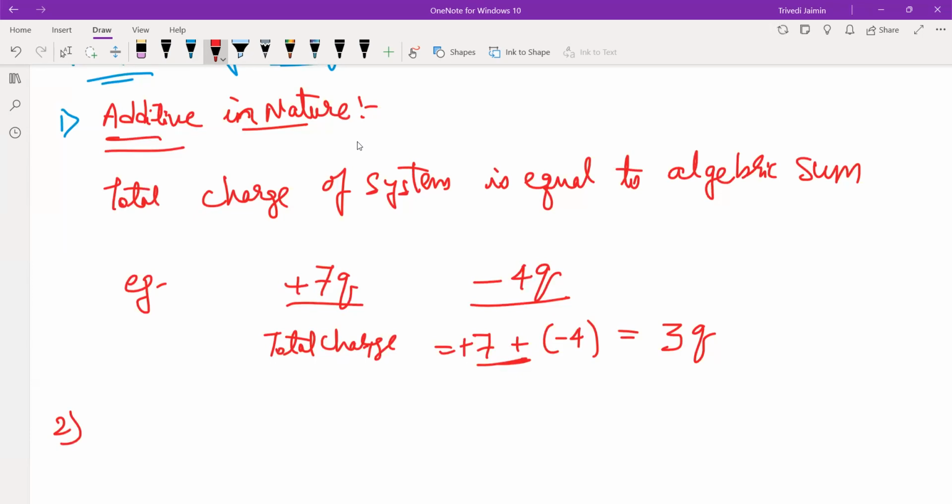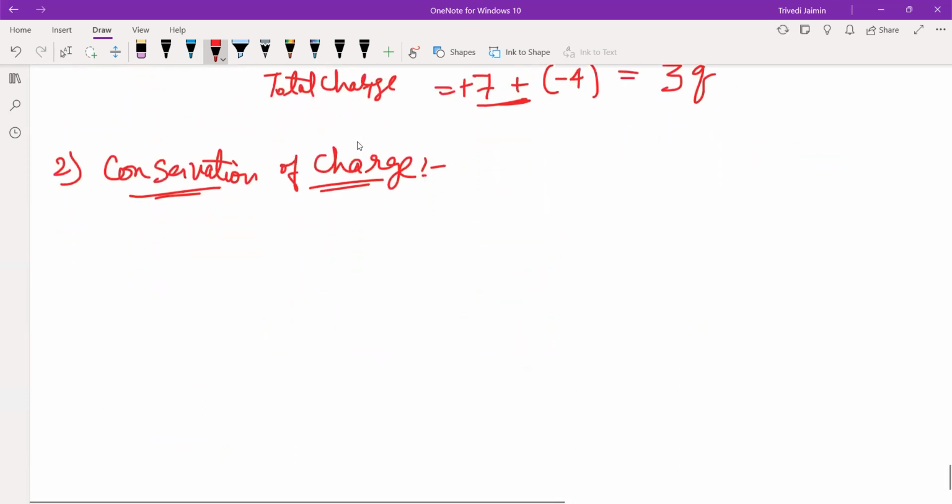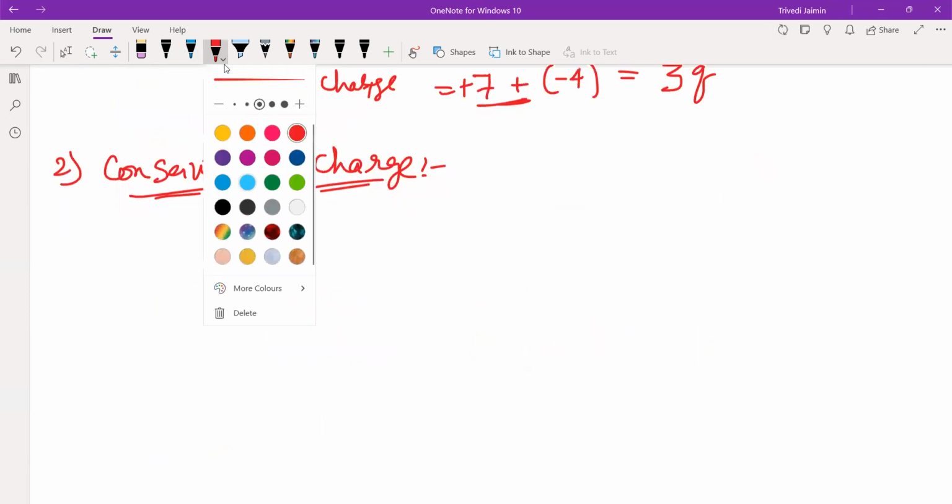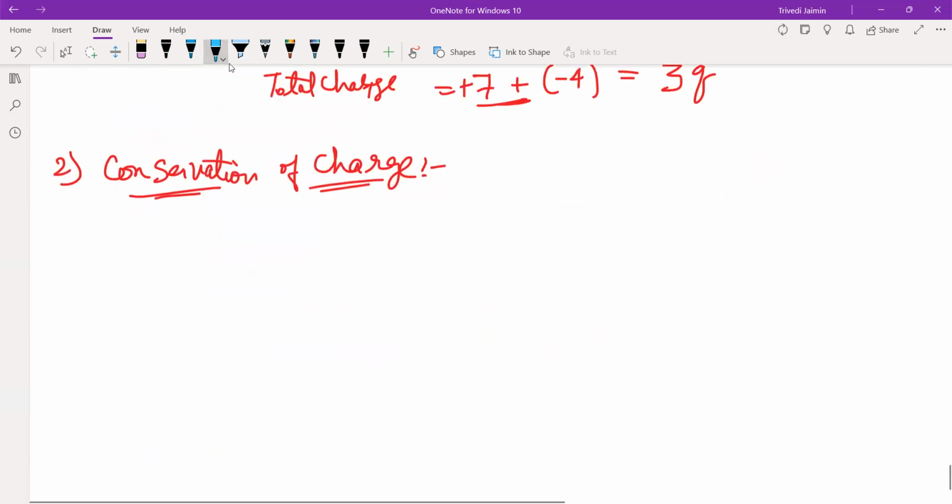Second, charge is conservative, or conservation of charge. As you already mentioned, what do you mean by charge is conservative? Like the total charge is always conserved. Exactly.